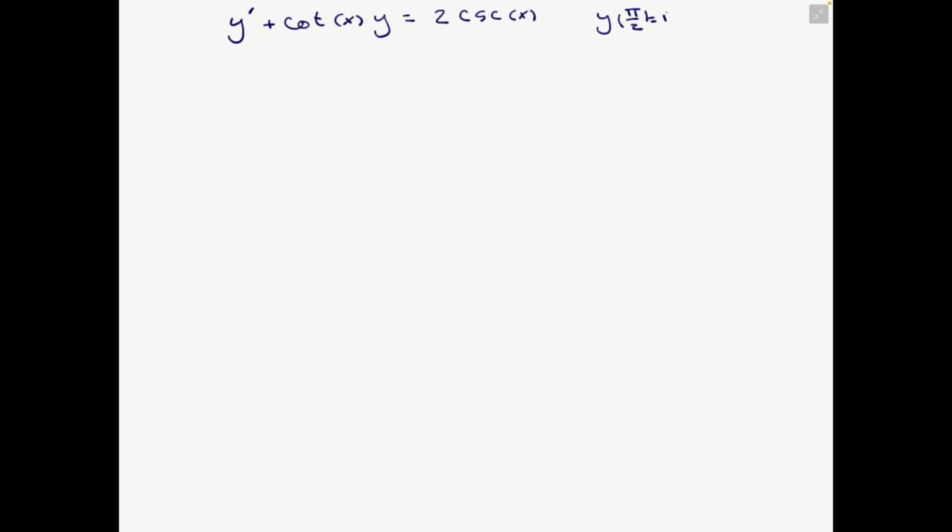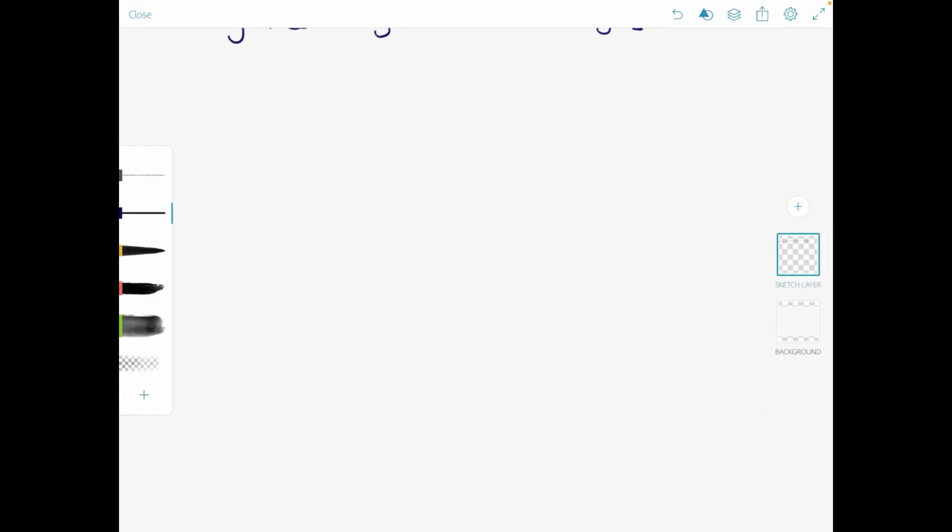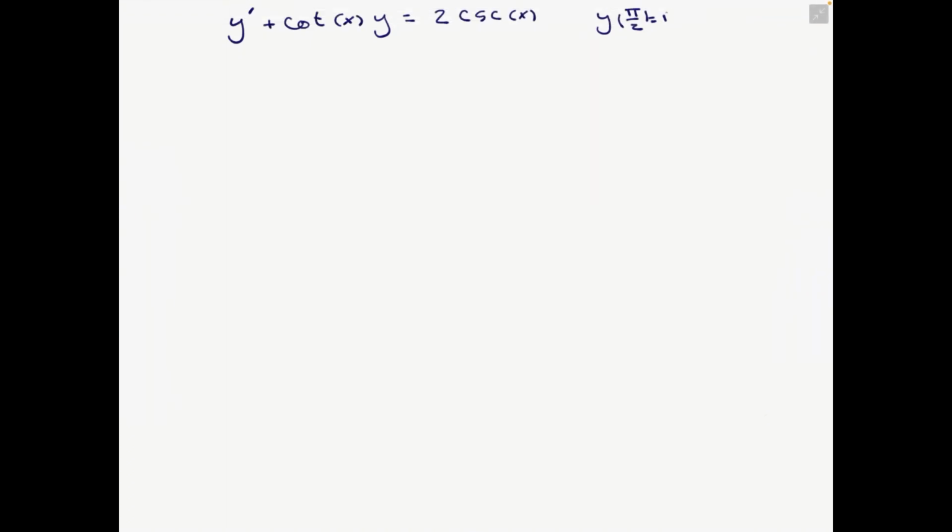Let's get rid of these hand lines. Okay, so p of x is the cotangent of x. g of x is equal to 2 cosecant of x.